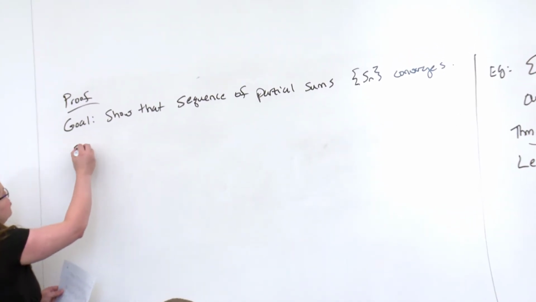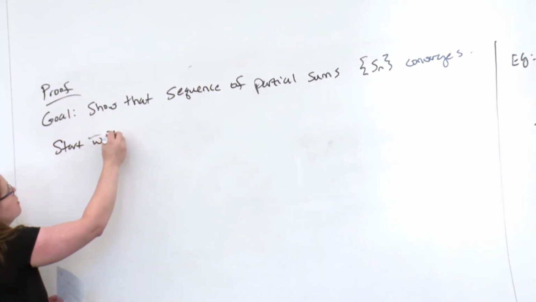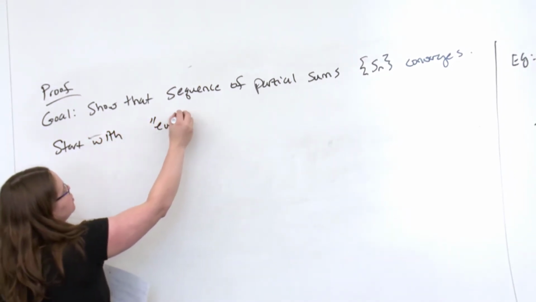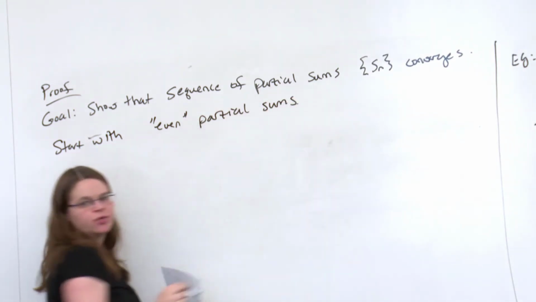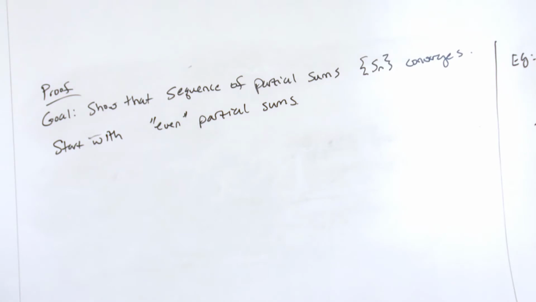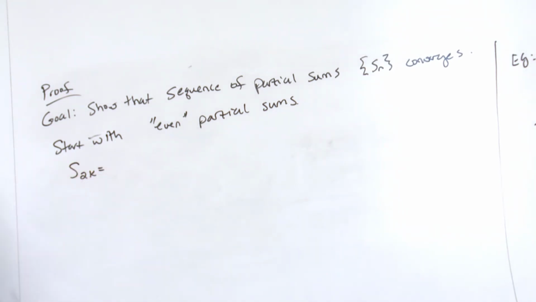So let's start with the even partial sums. We've got to do them all, but we're going to start with the even ones. So S_2k.